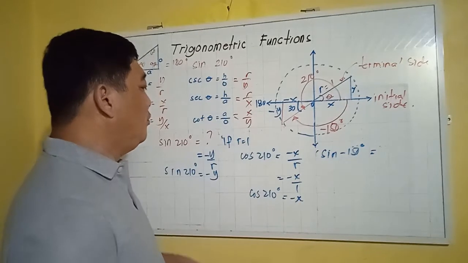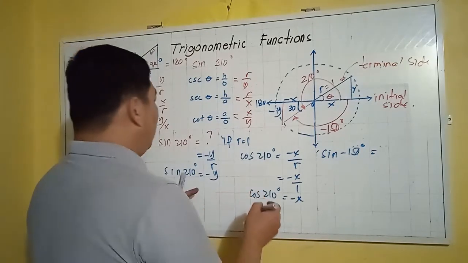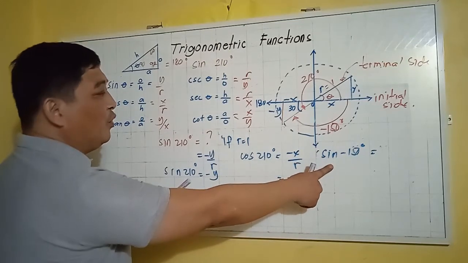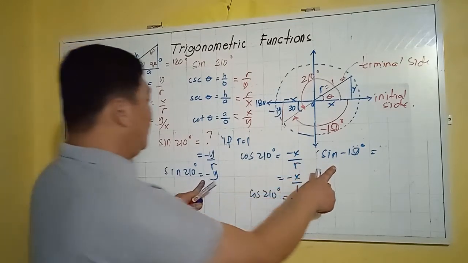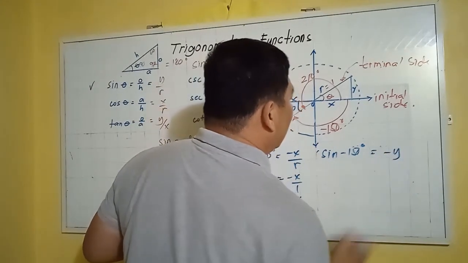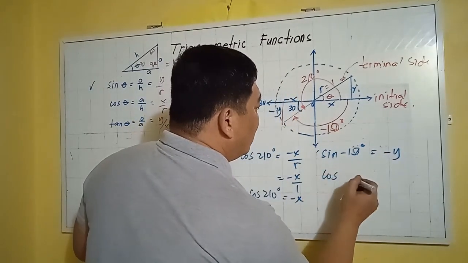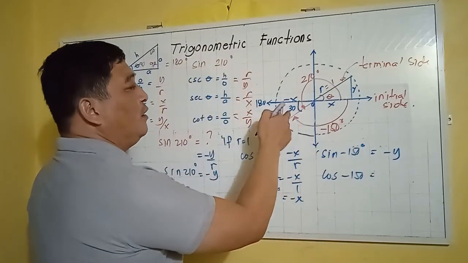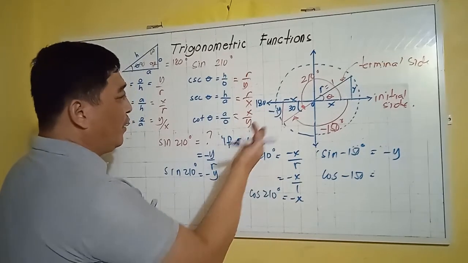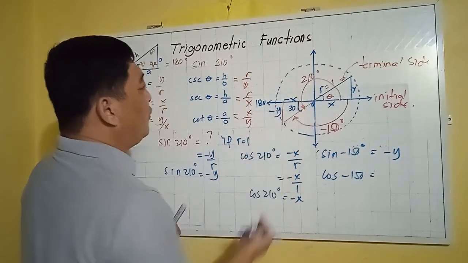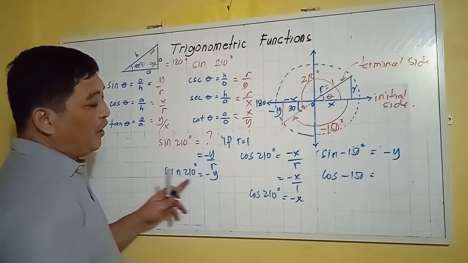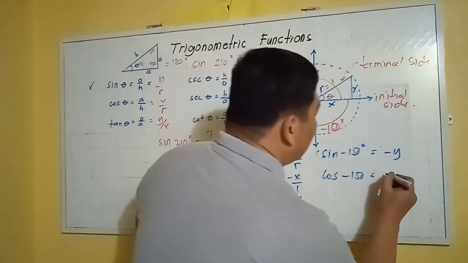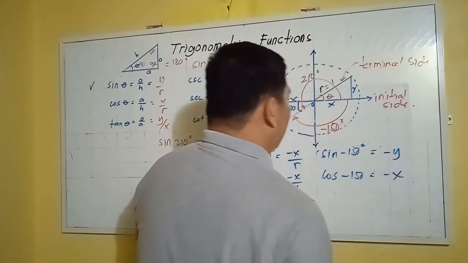Ang ibig sabihin yan, we also have sine 210 degrees is the same as sine negative 150 degrees. It means that this is equals to negative y. And cosine negative 150 degrees, pareho lang naman yung angle na subtended angle niya or yung angle measure niya with respect to x-axis. And then pareho lang magiging value niya ng cosine 210 degrees, that is equals to negative x.